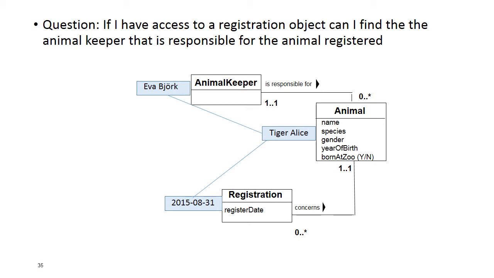If you go from animal to animal keeper, the multiplicity is 1 to 1, which means that one animal object must be linked to exactly one animal keeper object. This means that if we have the registration object, we also find the animal object that was part of that registration, and then we also have the animal keeper that is responsible for the animal. So the answer to the question was yes.